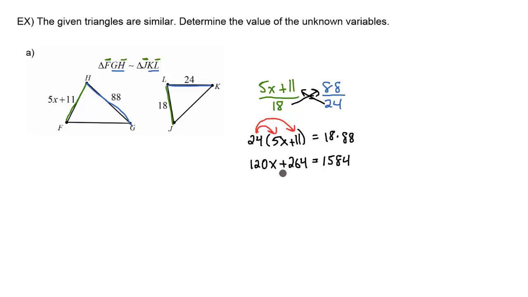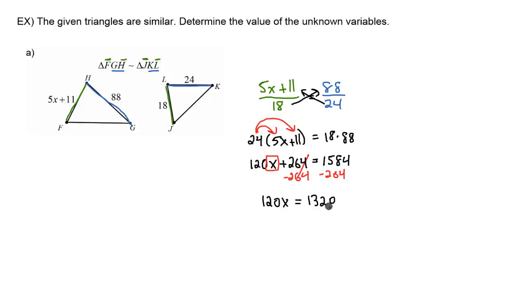From here I want to solve for x, so I need to get x by itself. The first thing I need to do is take away 264 from the left side and the right side. So now I'm going to be left with 120x equals 1584 minus 264, which is 1320.